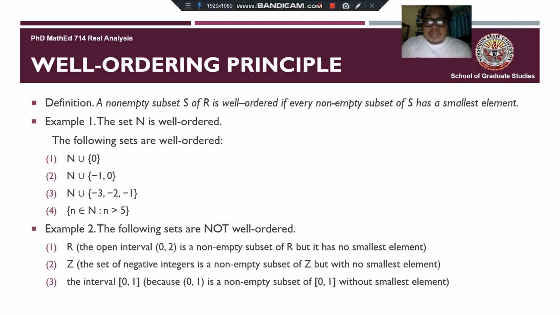And we knew that between 0 and 1, there are infinite values, so we cannot easily identify the smallest element, or it doesn't contain the smallest element. So with that, the last 3 examples are considered not well ordered. Again, for the given set or subset to be well ordered, it should contain the smallest element and be a non-empty subset.